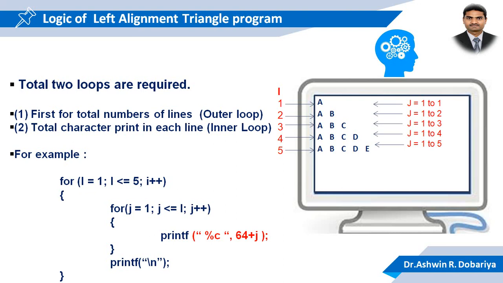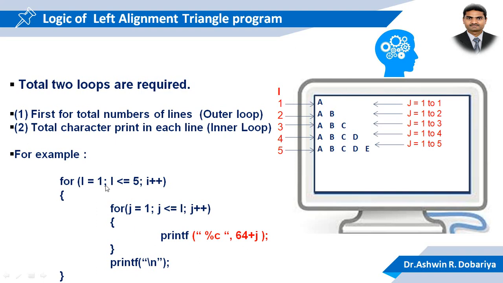The capital A has the ASCII code 65, B has 66, C has 67, 68, 69. So we have to set the counter value in such a way that we get first 65, then 65 and 66, then 65, 66, 67, in that way.